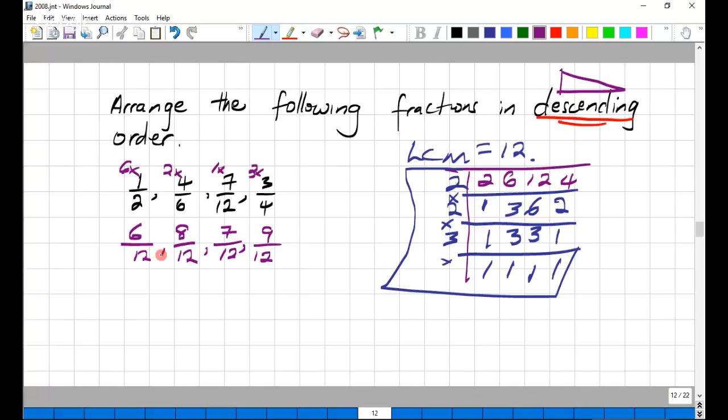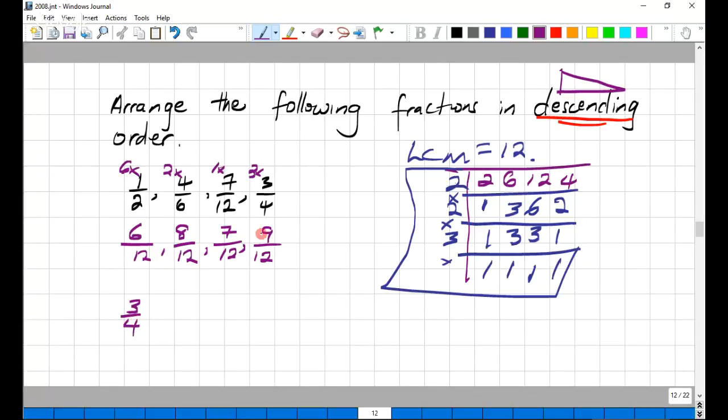All right. Now we need to arrange them not in ascending, but in descending order, from the largest to the smallest. So we're going to rewrite this now based on the fractions that they gave. Which one is the largest, Shade? 3/4. That one comes first.